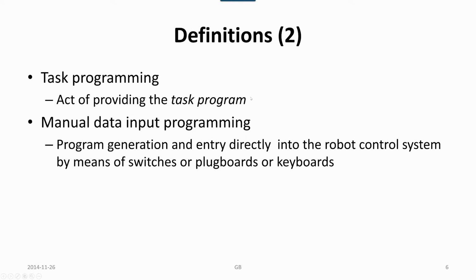Definitions 2. Programming is the act of providing the task program. Manual data input programming is the program generation and entry directly into the robot control system by means of switches or plug boards or keyboards.